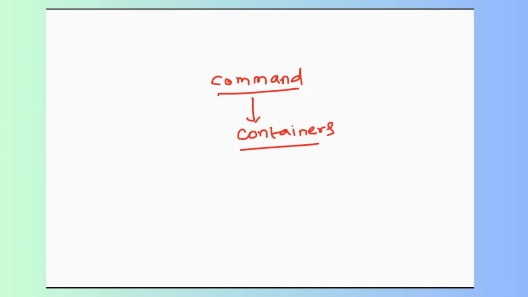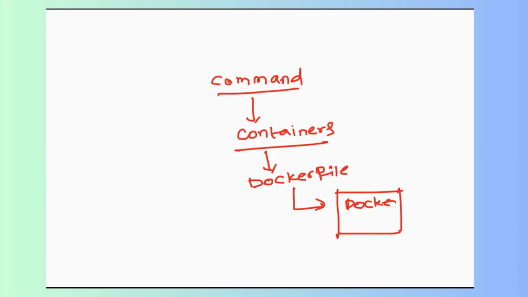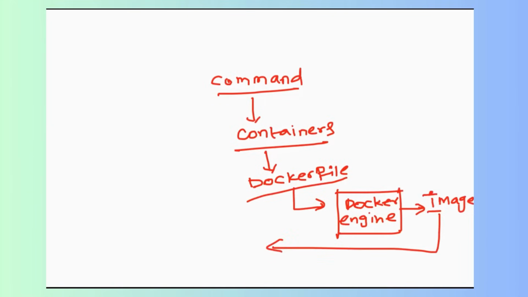All you need to do is simply write a Dockerfile, just like we write Jenkinsfiles or any other script files, and submit it to the Docker platform, or the Docker engine, using some Docker command. I'll explain the commands, don't worry about it. This Docker engine will convert this Dockerfile into an image, which is a Docker image or a container image. Now, again using some Docker commands, you can convert this image into a container.